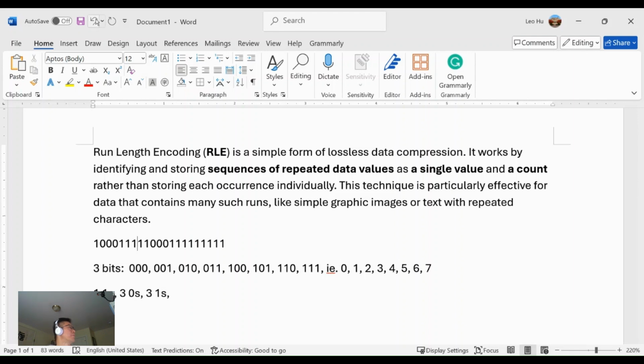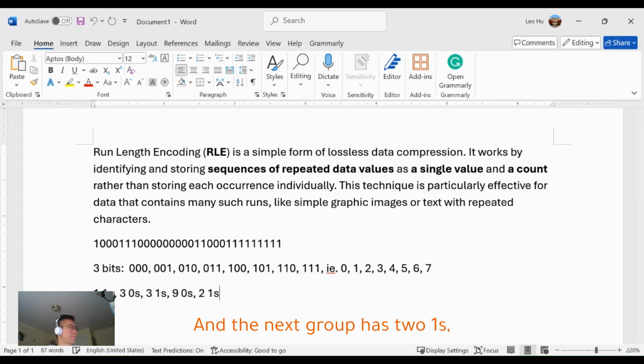Sorry, 9 zeros. And the next group has 2 ones. And the next has 3 zeros. And the last group has 9 ones, right? So 9, 1.